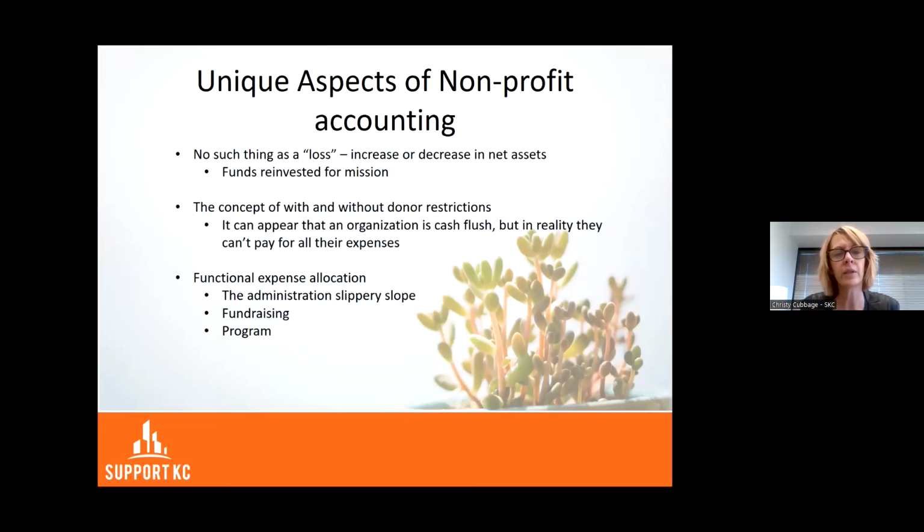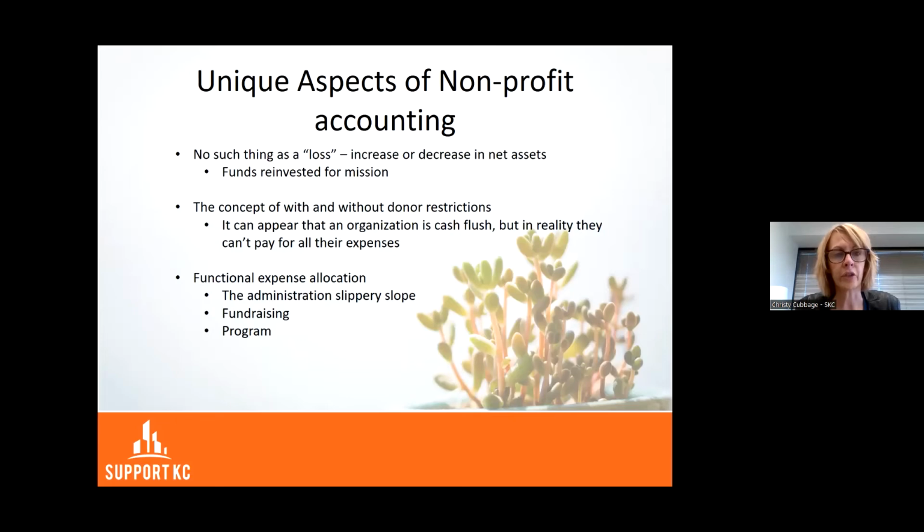So don't think of it as a loss. Think of it as this year we decreased, but last year we had a really big increase. And so what does that mean to the organization as a whole? You don't want a decrease every year, and you don't want your cash to be trending down, but showing a loss is not a word that we use in our nonprofit world.